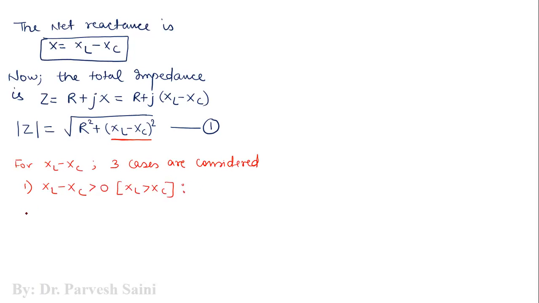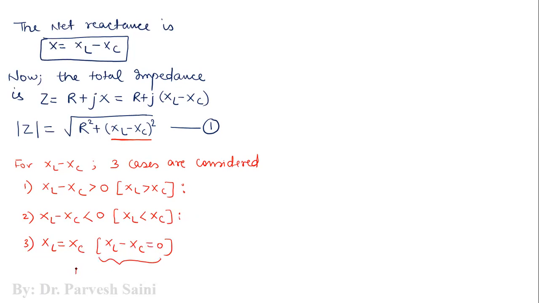Then what will happen? Second is XL minus XC is less than 0, that is XL is less than XC. What will happen in this case? 3, when XL is equal to XC, or you can say XL minus XC is 0. So this is the condition when net reactance is 0.